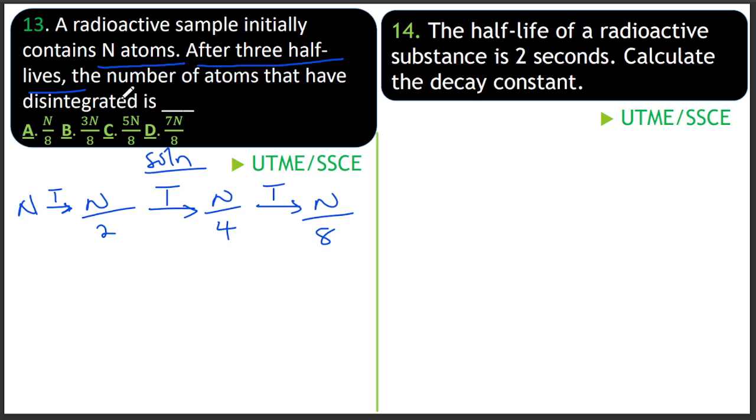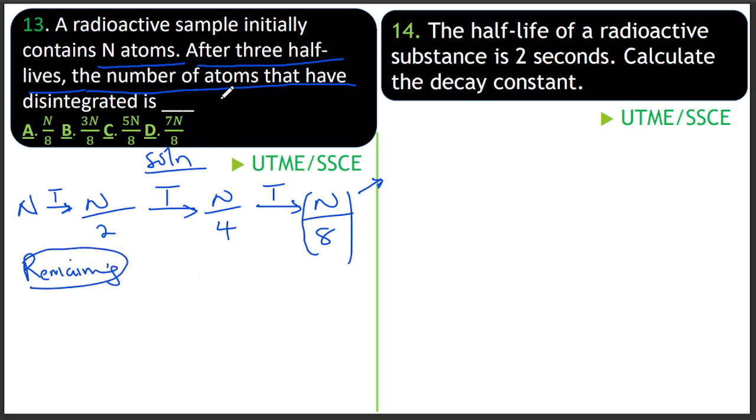All right, so the number of atoms that have disintegrated is what? I need you to know that anywhere you stop, that's the fraction of the whole that is remaining. This word remaining is very, very important.